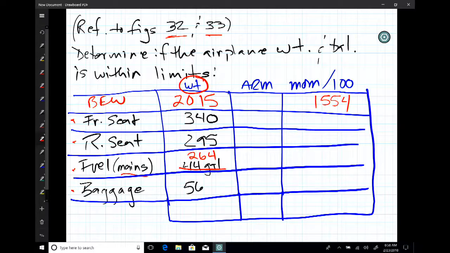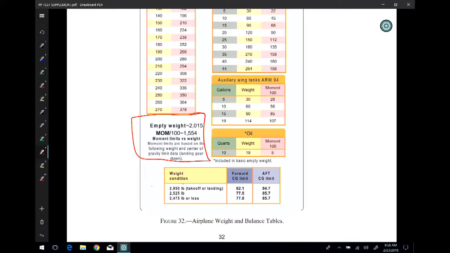So we add all of this up. What do you get? Go ahead, add it up real quick. How many of you got 2,970 pounds? Hopefully all of you. When we look at this, what do we remember from the previous figure here?